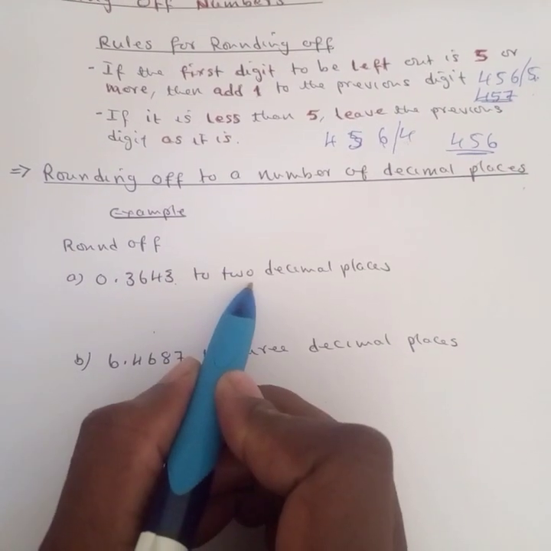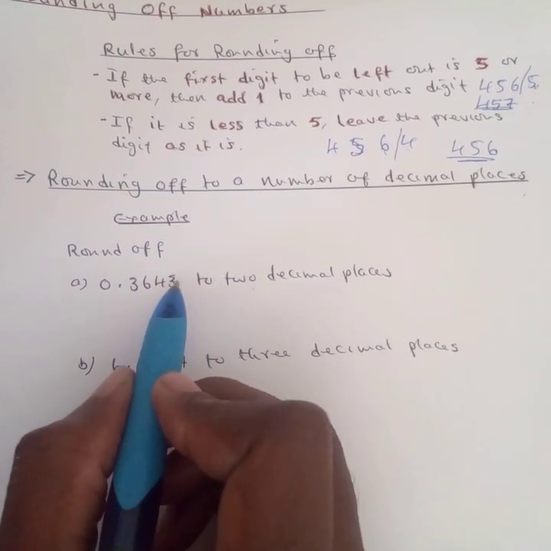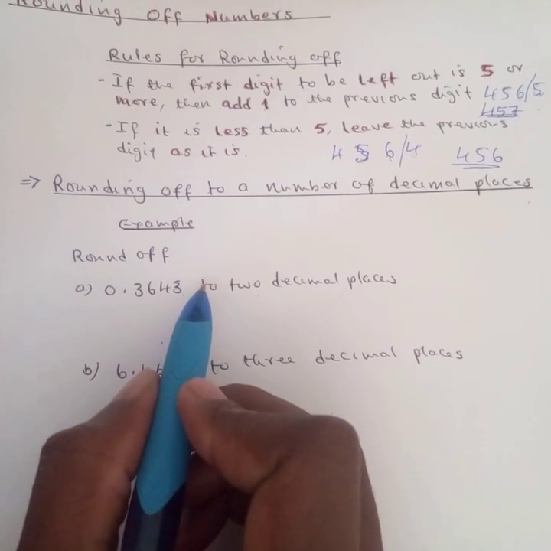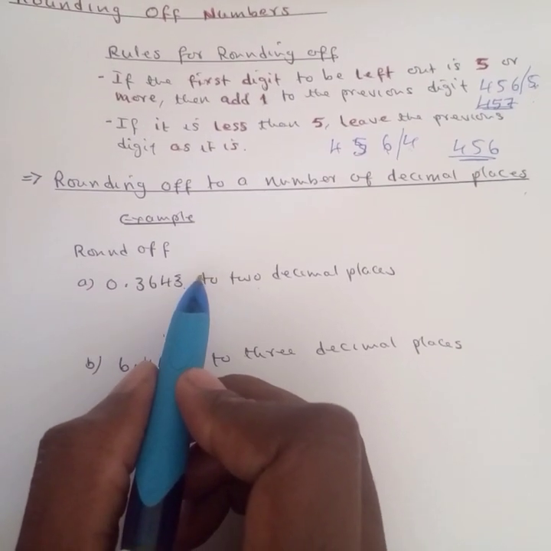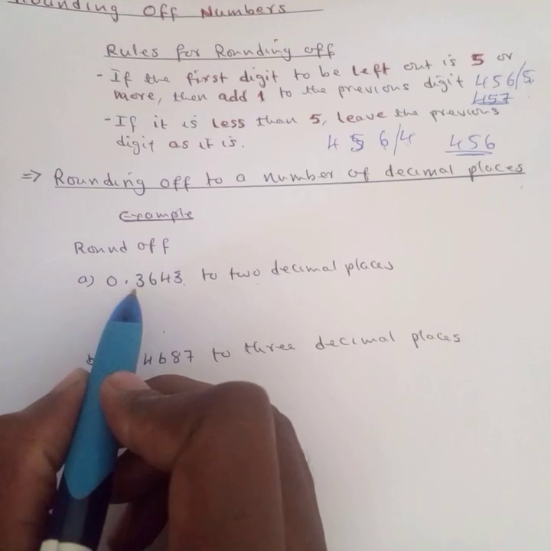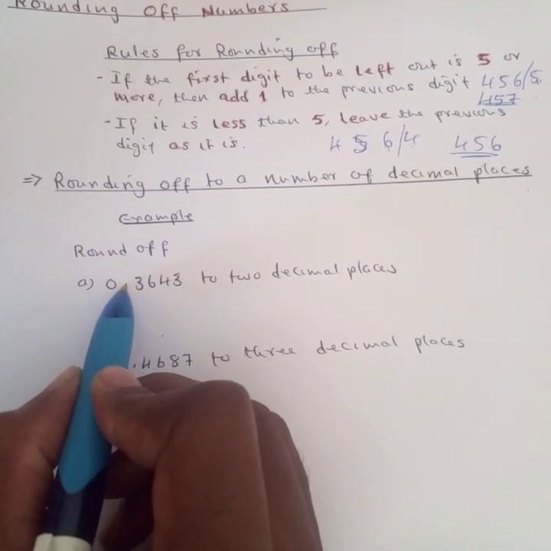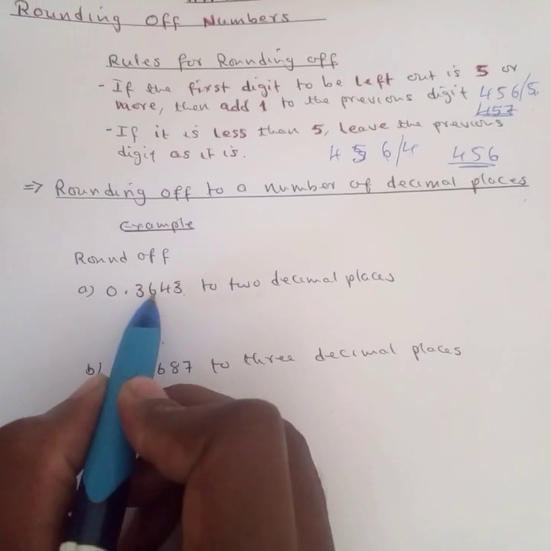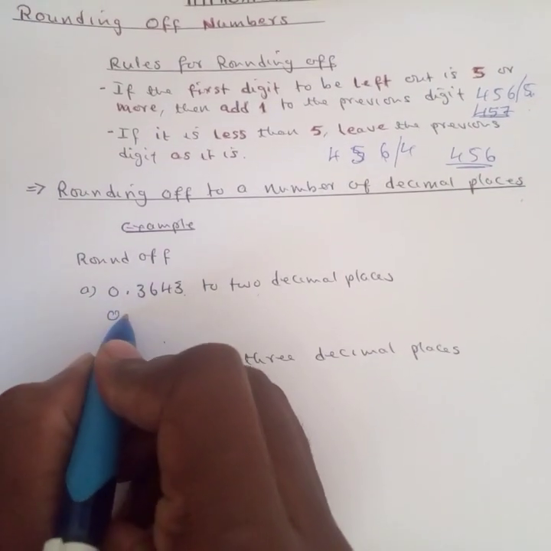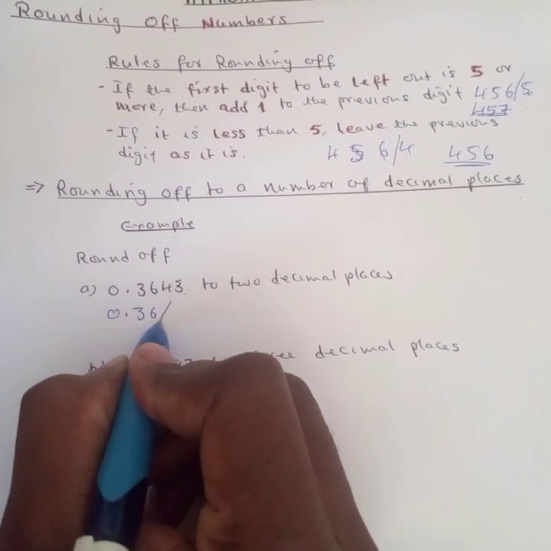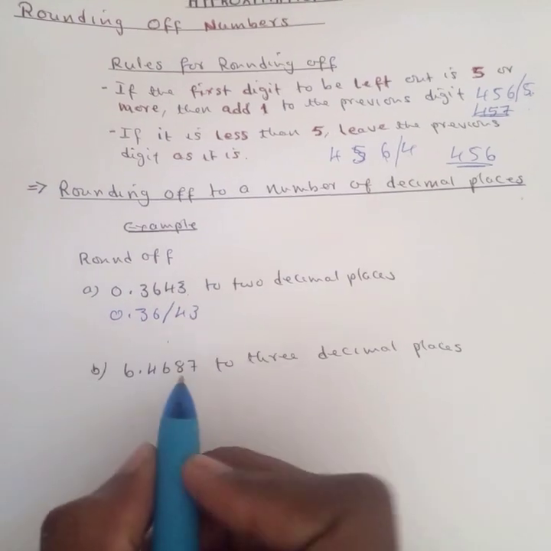Now they want 2. So in order for us to round off to 2 decimal places, all we need to do is simply count. How many decimal places do we want? Start from the left going right. So this is the decimal point, 1, 2. We want 2. So 0.36, and we put a demarcation before 43.